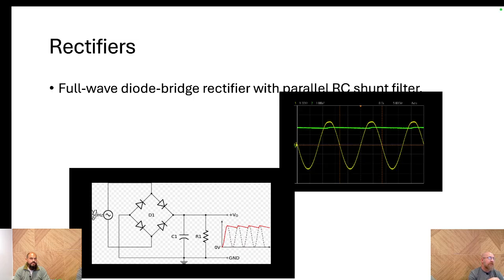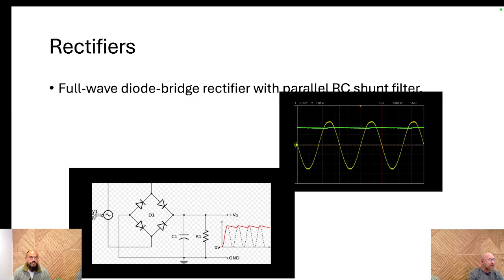And then we have what's called the RC shunt filter on this one, a capacitor and a resistor. What the capacitor and the resistor are doing is leveling it out, because the capacitor can charge and discharge. The charging and discharging cycle of that capacitor is causing the red line that we see there.